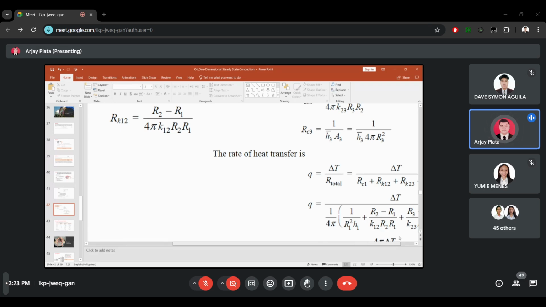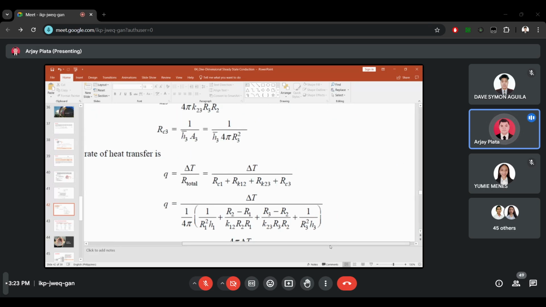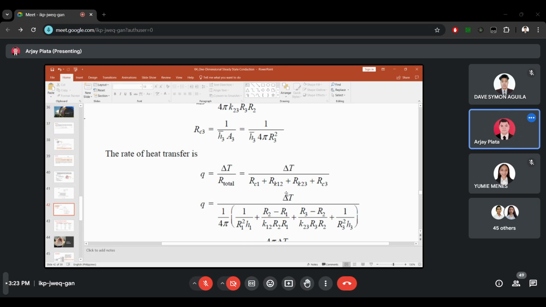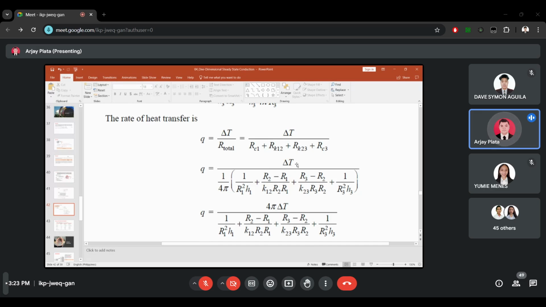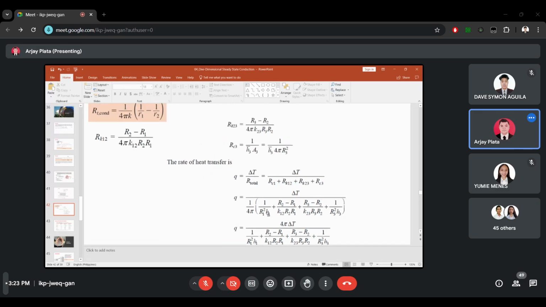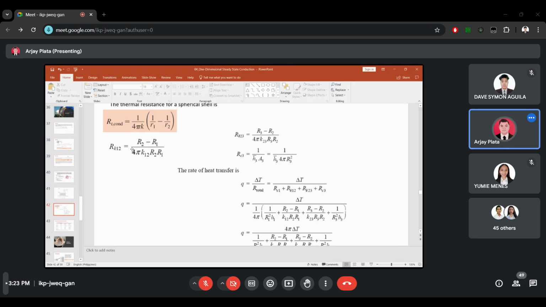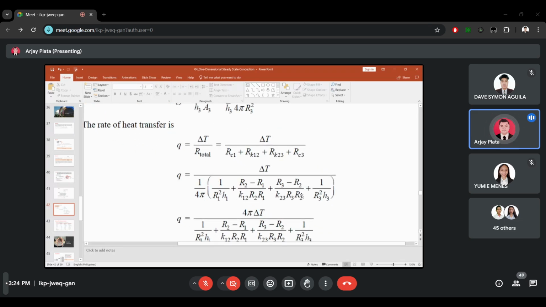The rate of heat transfer will be delta T over R total. So we have delta T over the summation of RC1 plus RK12 plus RK23 plus RC3. Simplifying that, we substitute all the values of RC1, RK12, RK23, and RC3 into this equation.